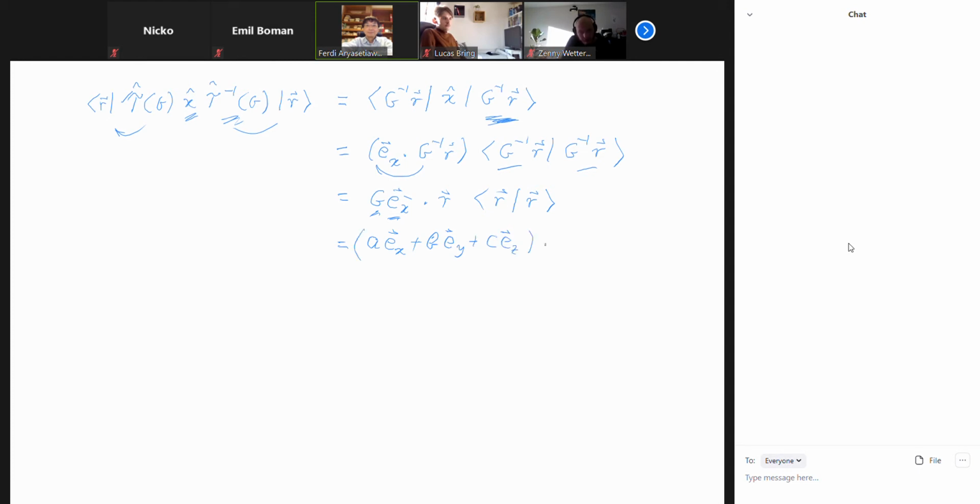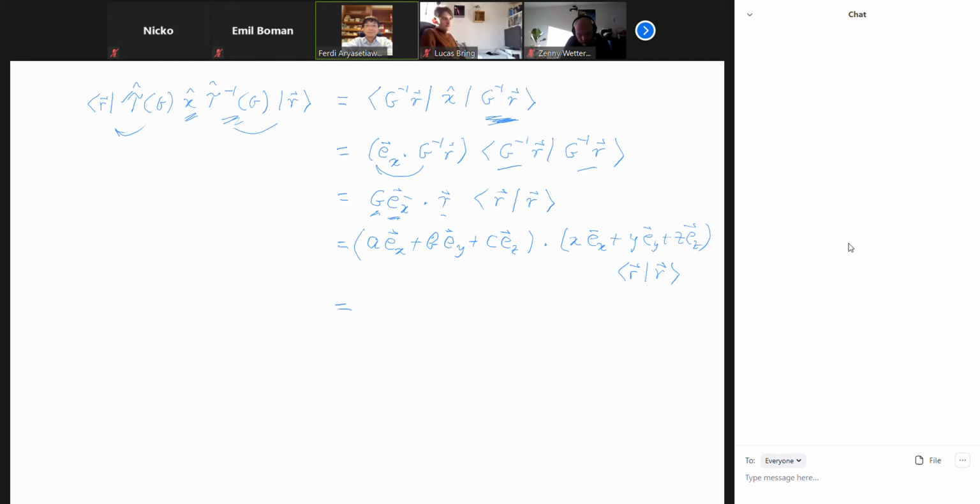Like this, and then we have dot product with the r, so that is just x e_x plus y e_y plus z e_z like this times this thing. So I'm just doing this step by step to illustrate what this rotation of operators means.